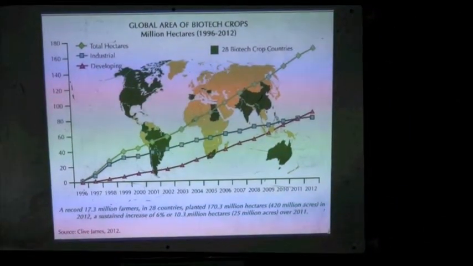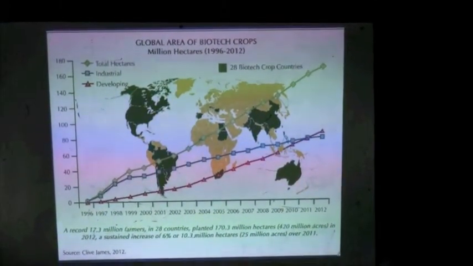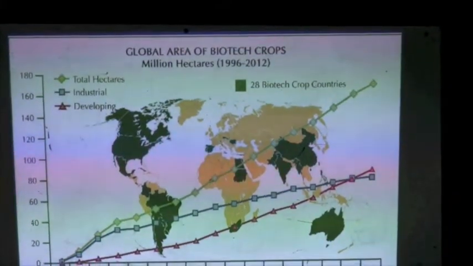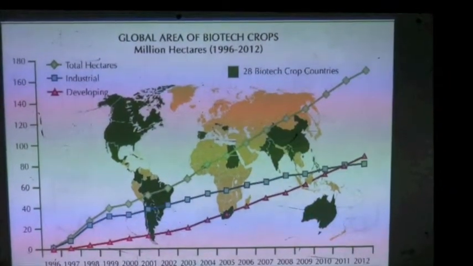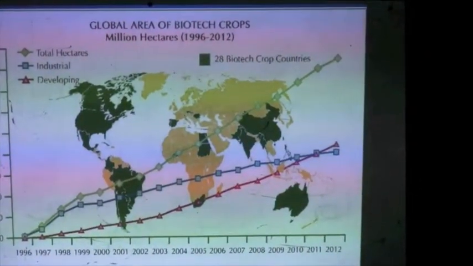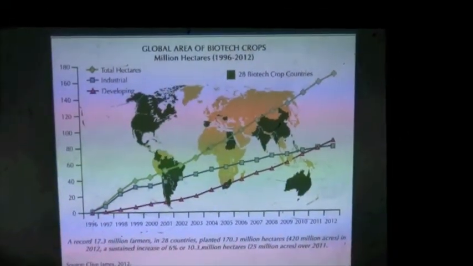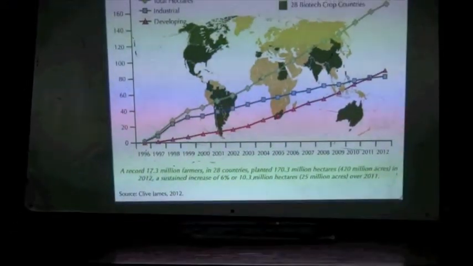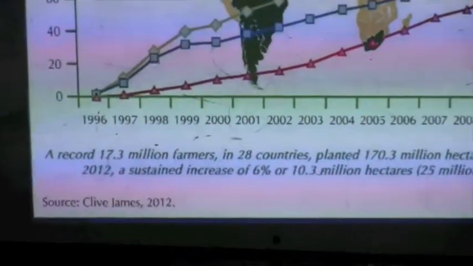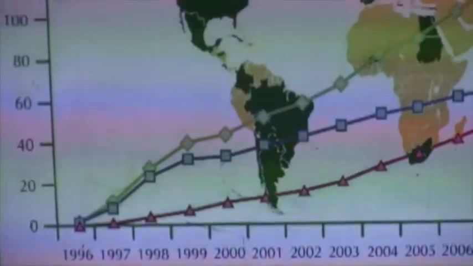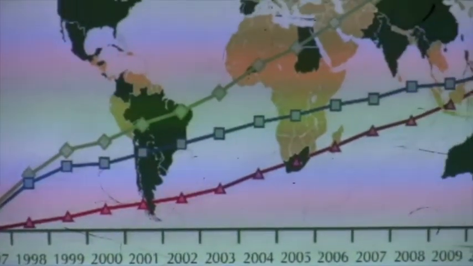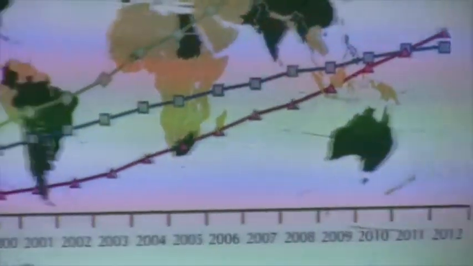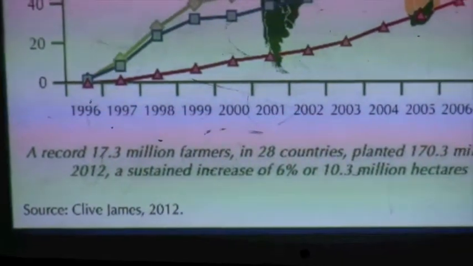Now there's one gentleman, Clive James. He presented this information whereby we looked at modern biotechnology as rapidly increasing, and that even within the developing countries, because the red line shows the rate at which developing countries are accepting biotech crops or are getting involved in biotech crops.